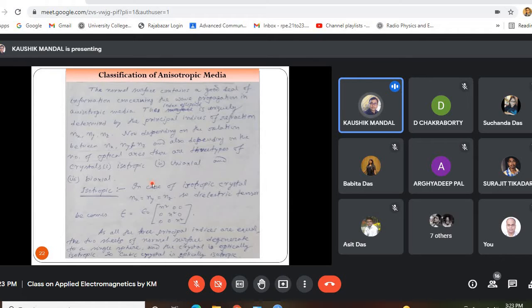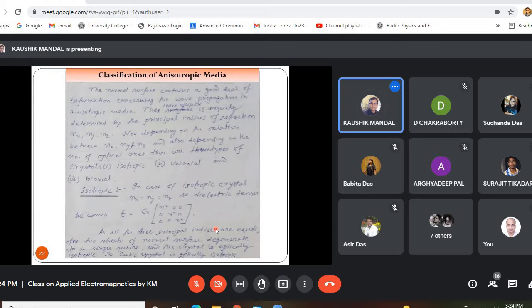So we can easily write down the dielectric tensor, because we are already familiar with this term. In that case, epsilon equals epsilon 0 times n square, n square, n square. So in isotropic crystals, all three principal indices are equal. That is the first point.